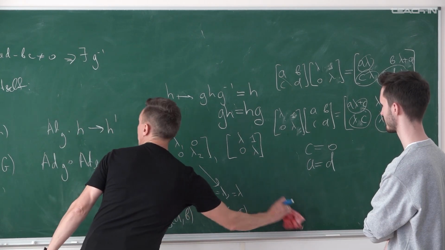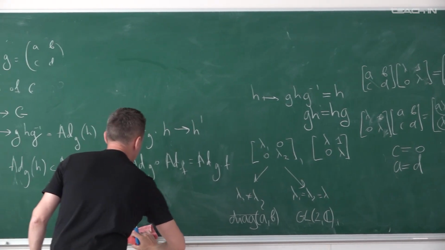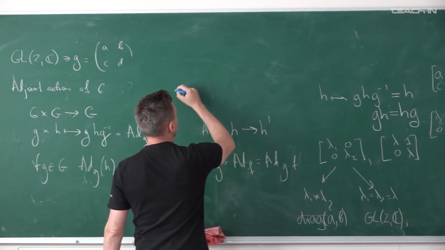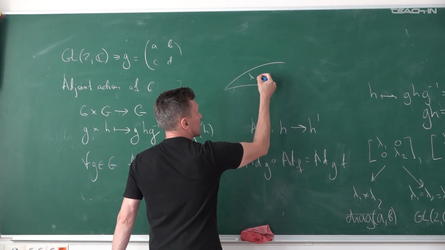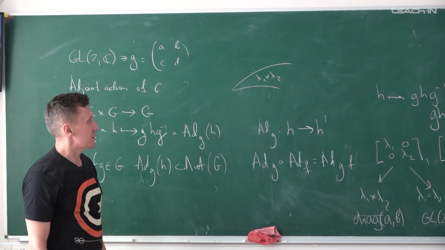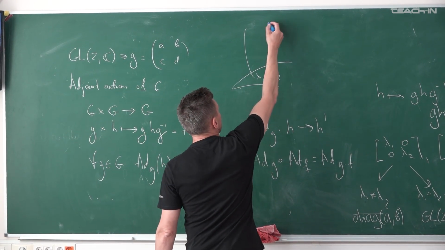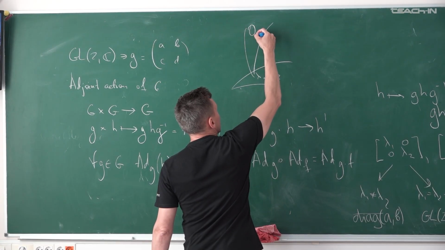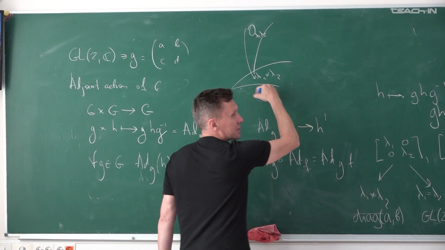If you like, it could be presented like this. There is a two-dimensional part which is parameterized by pairs of eigenvalues, and over each point there is an orbit, which is also two-dimensional.